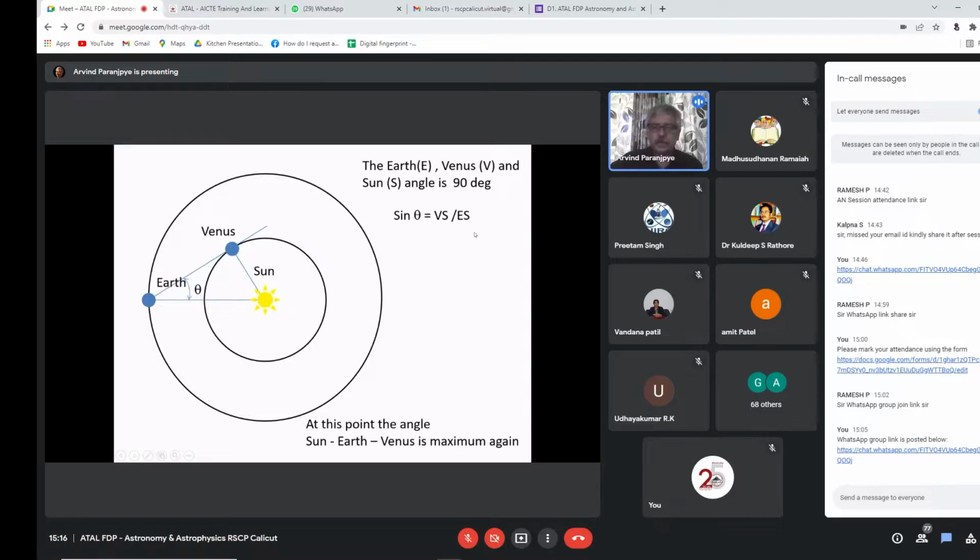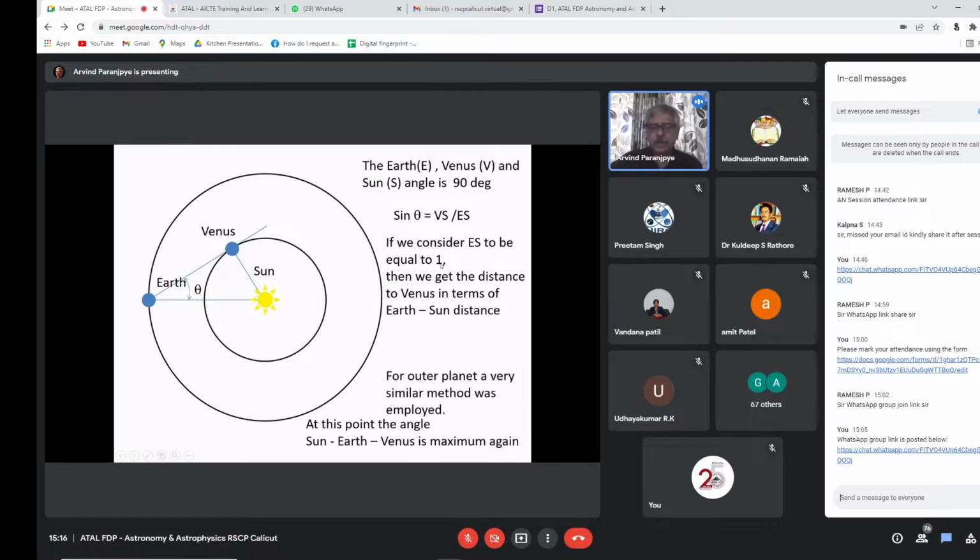Now you can use the sine equation. Sine theta is VS, the Venus-Sun distance, divided by the Earth-Sun distance. If you take the Earth-Sun distance to be 1 unit, then you can get the distance between Sun and Venus, which comes out to be approximately 0.7.